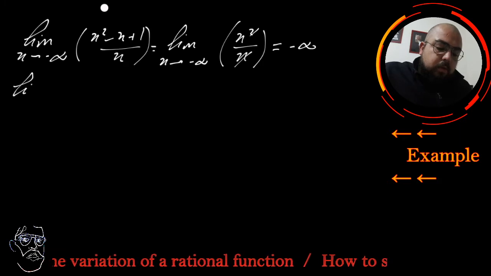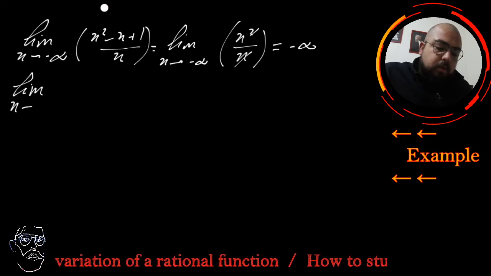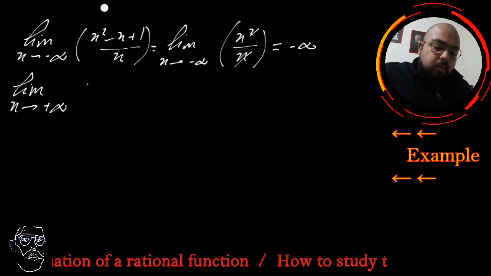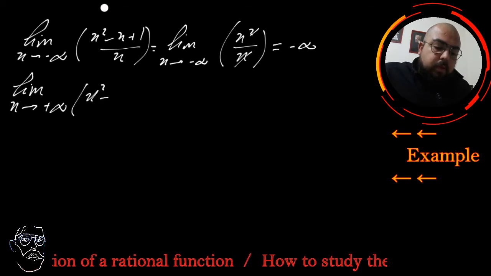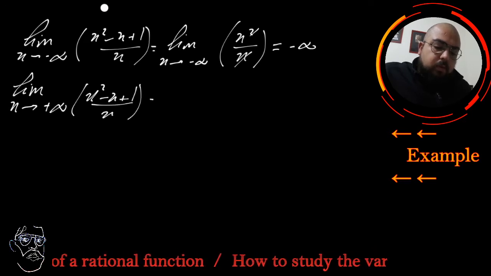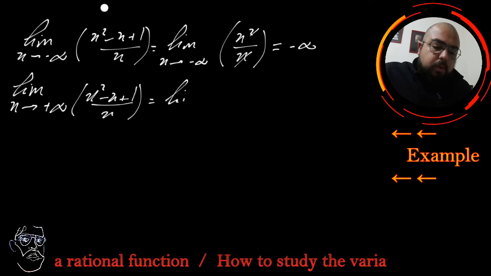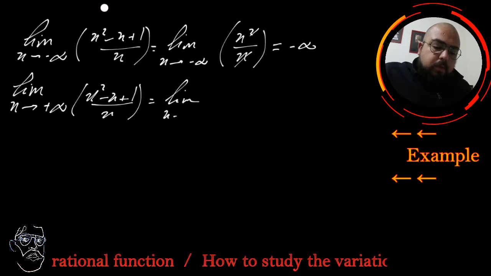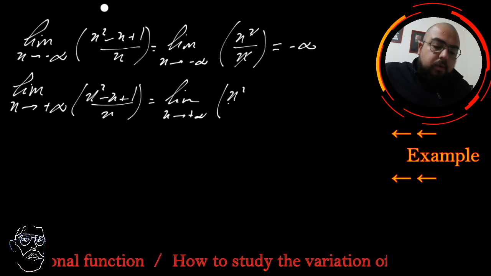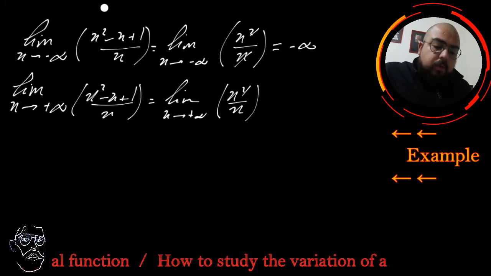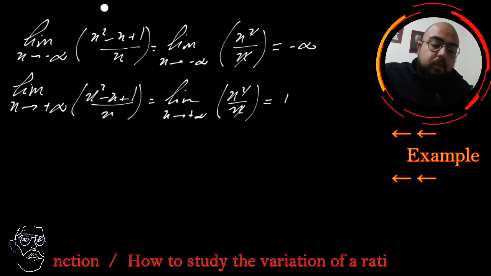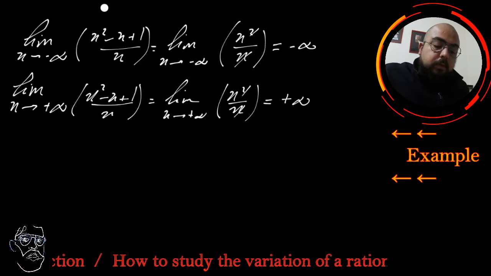Again, the limit when x tends towards plus infinity of x squared minus x plus 1 over x is equal to the limit of x tending towards plus infinity of x squared over x. Once we simplify, we will have x, so we replace by plus infinity, and the result will be plus infinity.